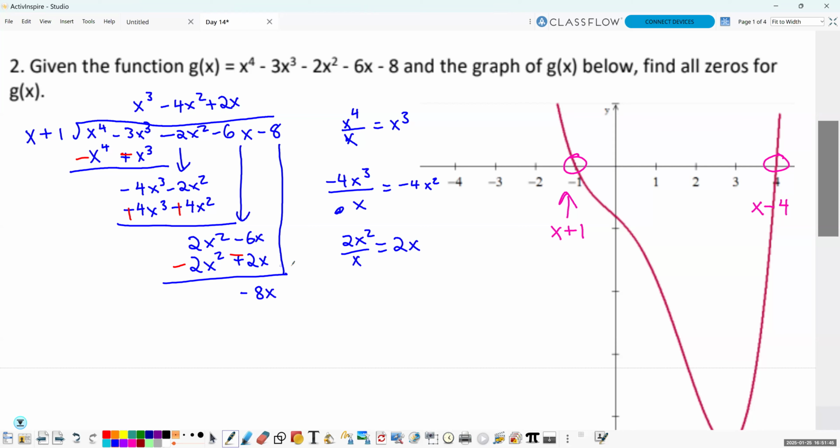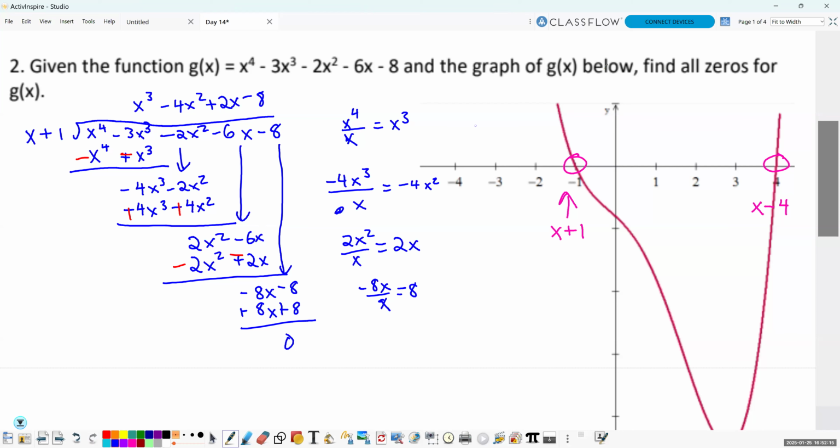Bring down the -8. And my last division thought is going to give me -8. When I multiply back, -8 times x, and -8 times 1, and when I subtract and bring down, I get a remainder of 0.